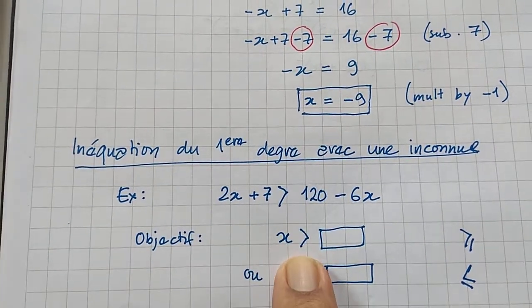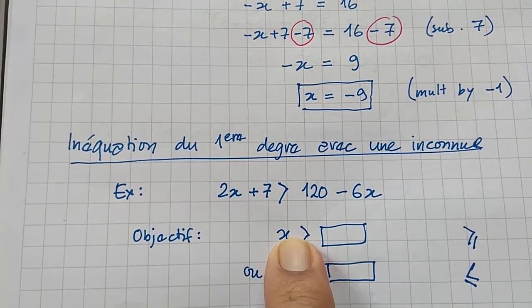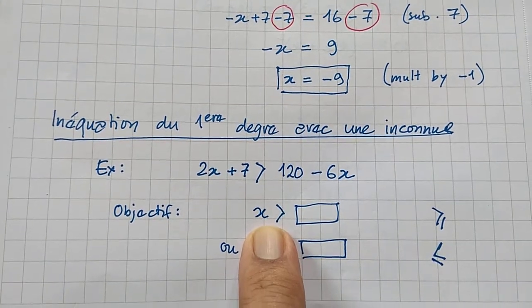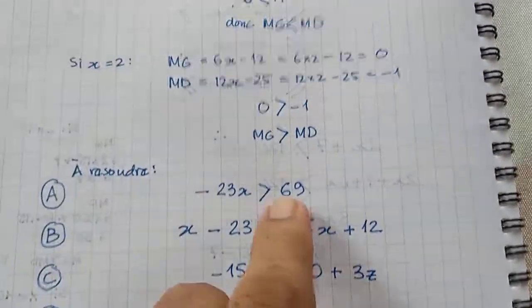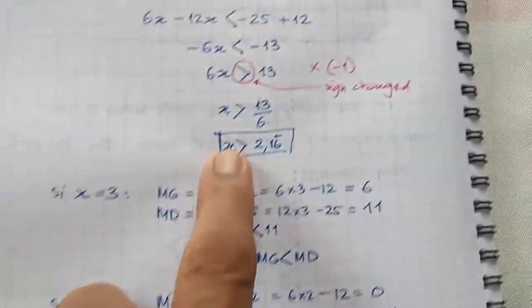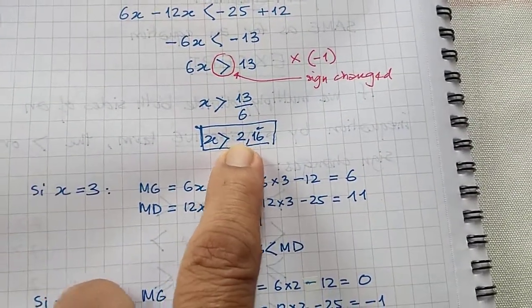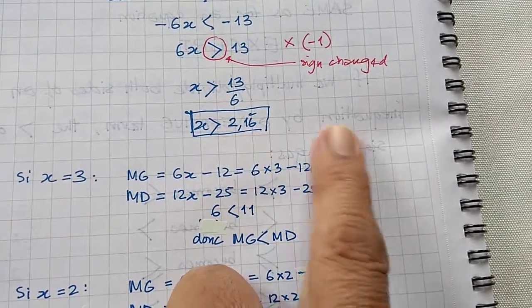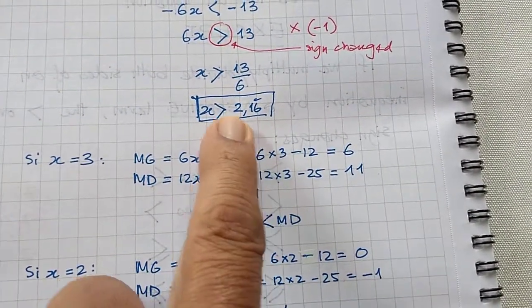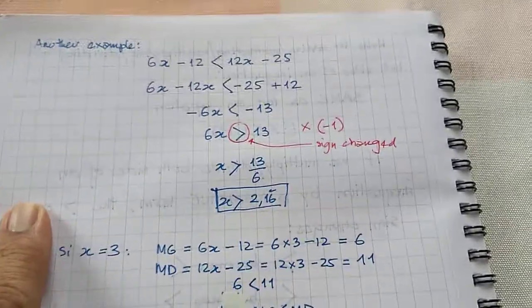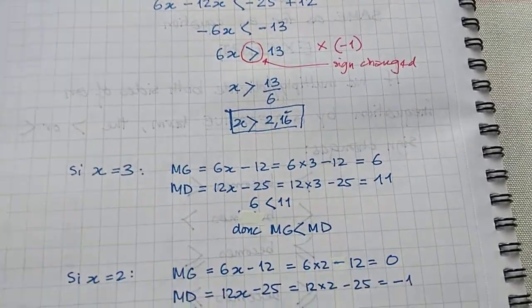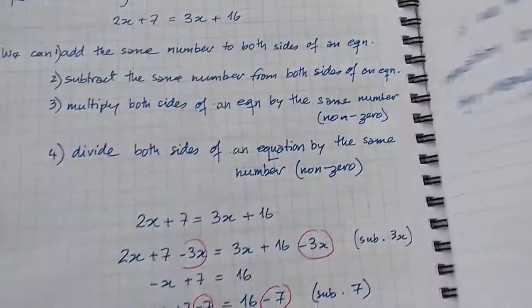And because it is an inequation, the values can be infinite in number. If we find out that x has to be greater than 2.16, then there are infinite numbers greater than 2.16, but also infinite numbers below 2.16 which are not the solution. Okay, so it means a little bit of thinking, but you should get the idea.